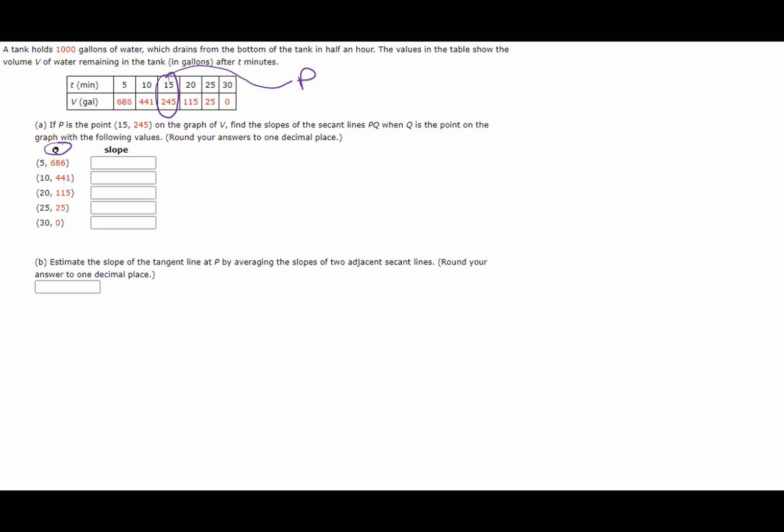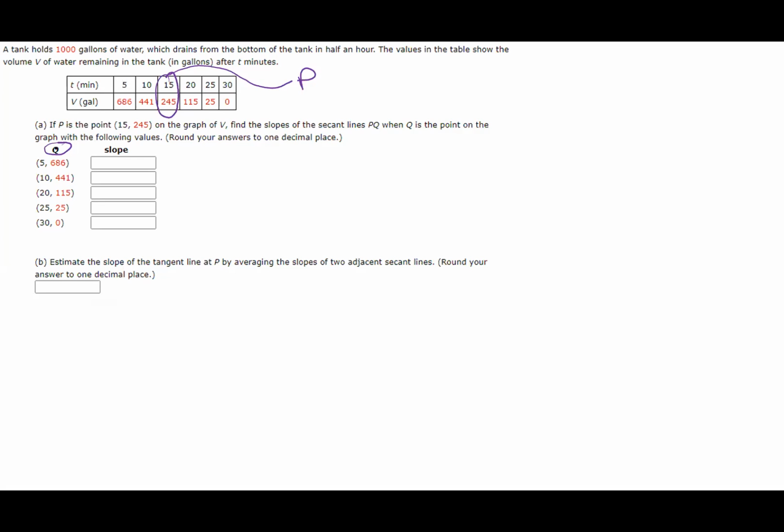When we get to part B, the slope of the tangent line, that'll be the instantaneous volumetric flow rate at time equals 15 minutes. So that's the physical interpretation, but the geometric interpretation is this: we're doing slopes of secant lines and tangent lines. Okay, so how do we find the slope?